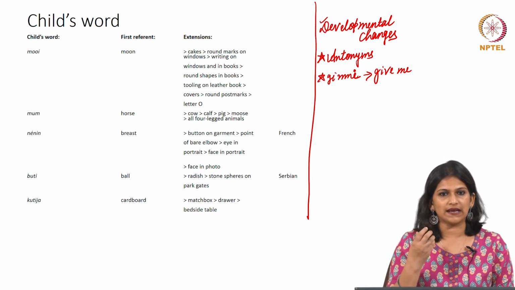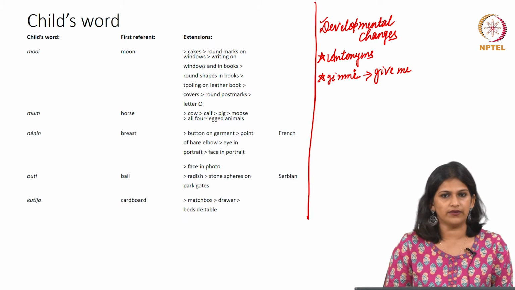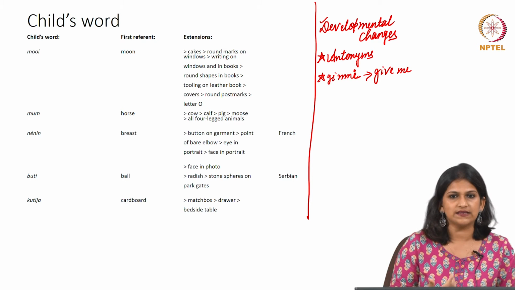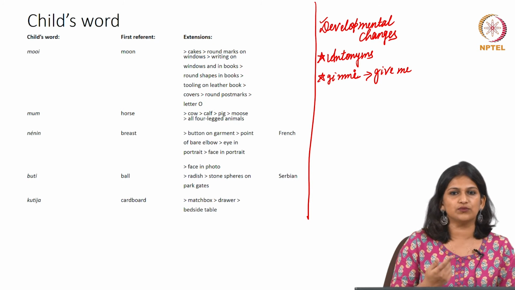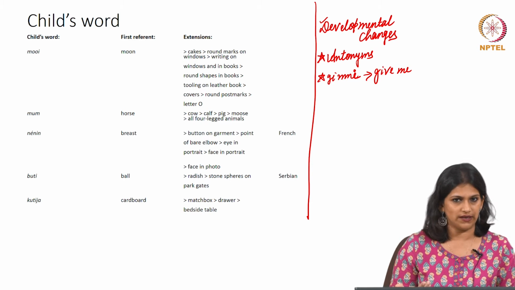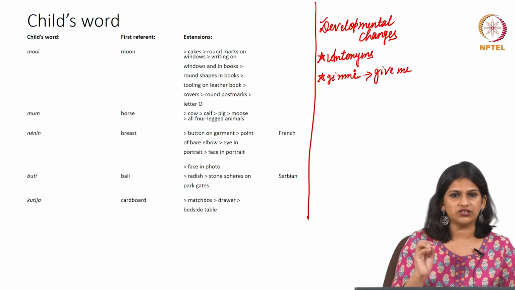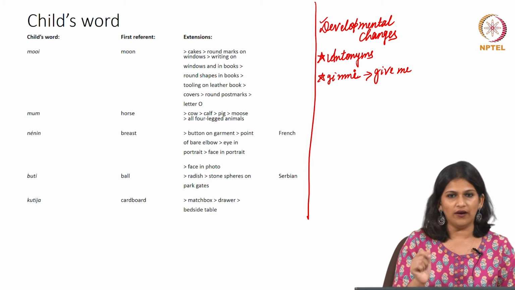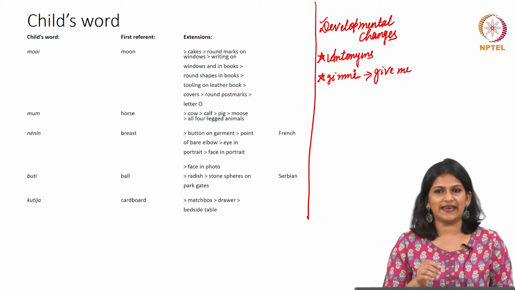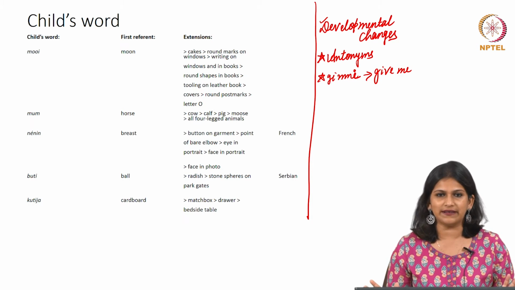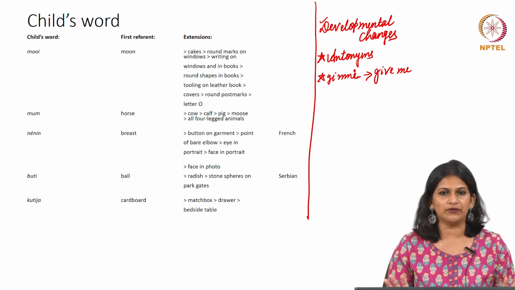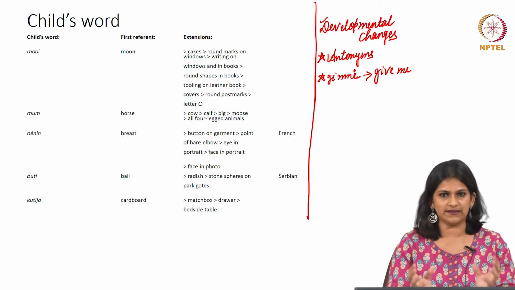So, that is the segmentation error that the child has, where a single word is taken to be more than one word by the child, right? And on the other hand, what happens? There is the other problem, chunking. Often we see that children extend the applicability of a word beyond its boundary.